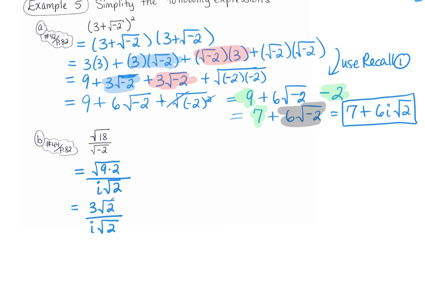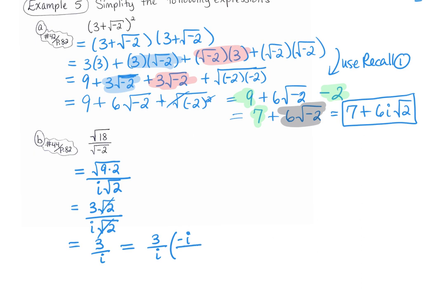The square root of 2 cancels out. So this gives us 3 over i. Which is just 3. No, we have to do some work because now we have a complex number in the denominator, so we have to multiply by the complex conjugate. Very good. So this is 3 over i times what?